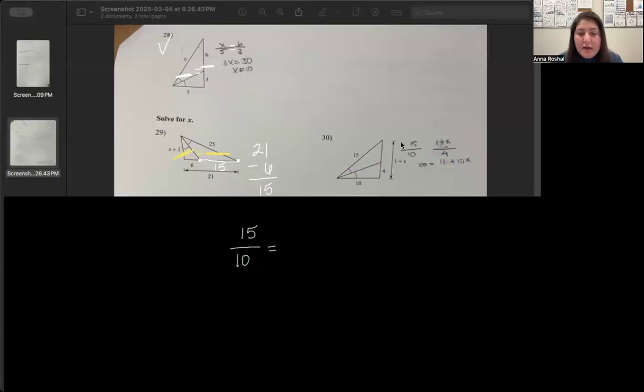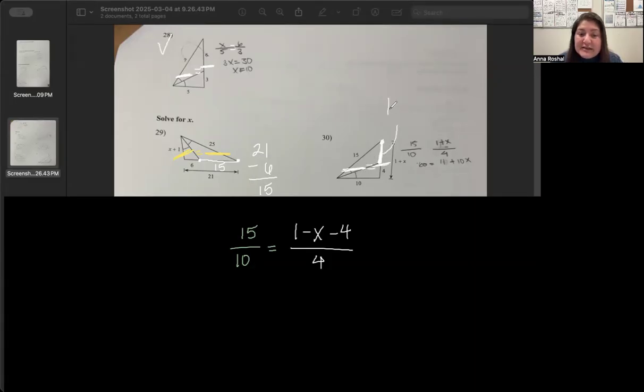Okay, I know that right in here, this portion from this point all the way to this point, this whole little section here, is going to be this 1 plus x, this whole section here, minus 4. So I'm going to have in my numerator 1 plus x, but then the whole thing is going to be minus 4 over 4. So if you can tell, this fraction right here is going to be equal to this fraction right here.